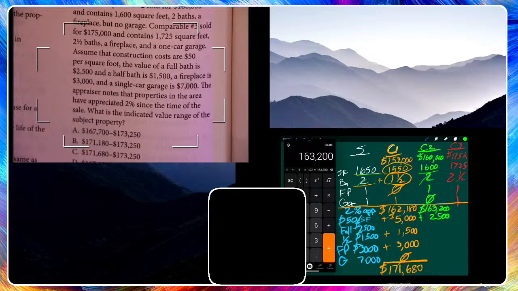Bathrooms, we don't have to do anything with on this one. They're the same number of baths. Fireplaces are the same. Garages are different. The comparable has no garage. The subject has one. We need to add a garage's worth of value. We need to add $7,000. We do that math, we get 172.7, I believe.